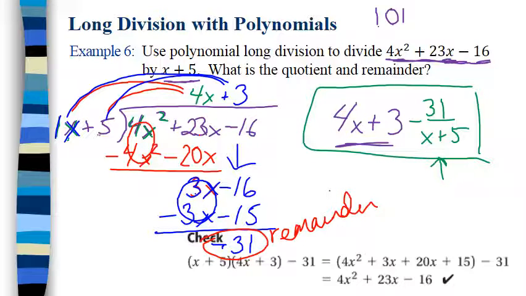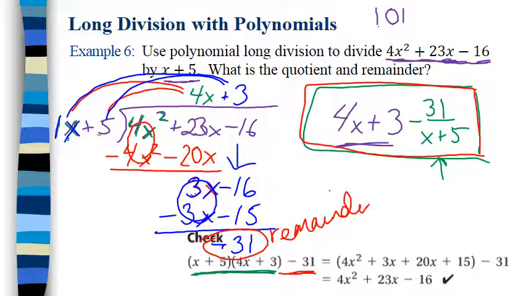Now, for all polynomial long division, you want to double check and make sure that works. So we can rewrite this as 4x plus 3, or we can remember 4x plus 3 used to be multiplied by x plus 5, and then we had our remainder of negative 31. So we can write this as a single polynomial. This is the quotient and the remainder.